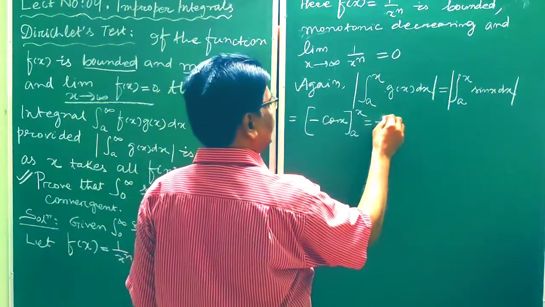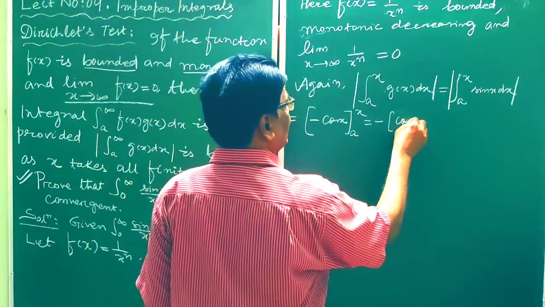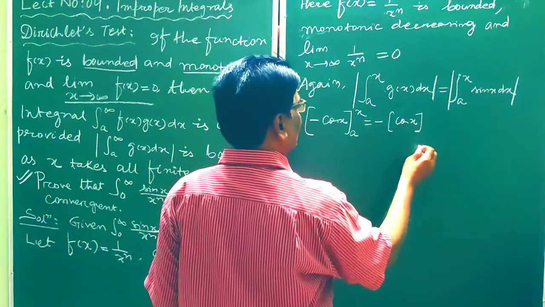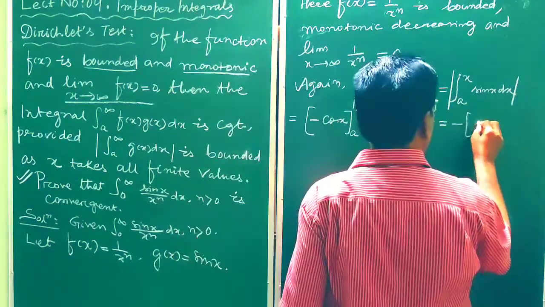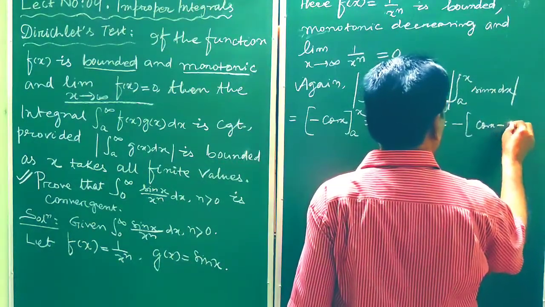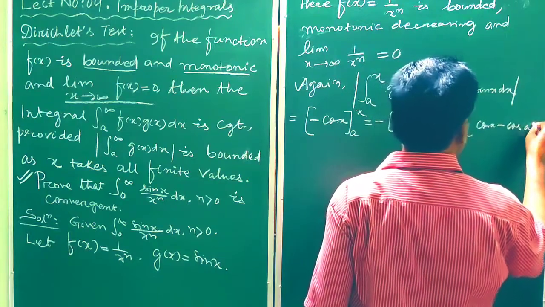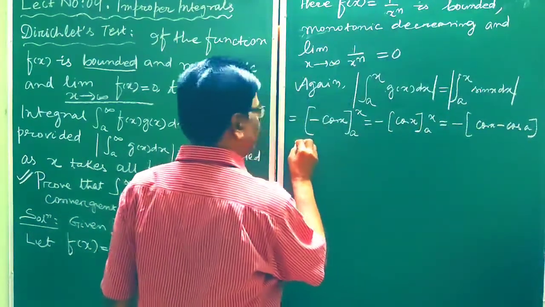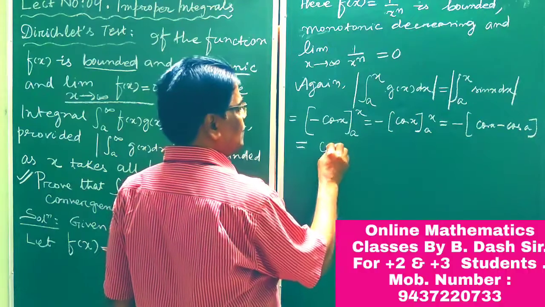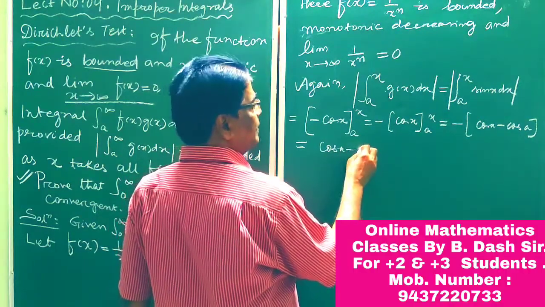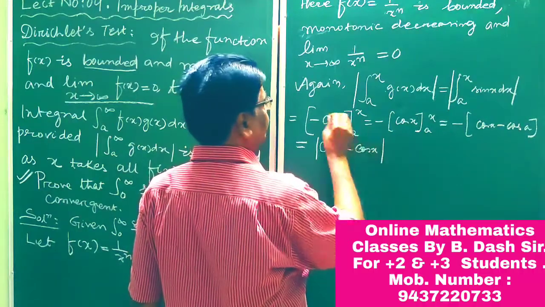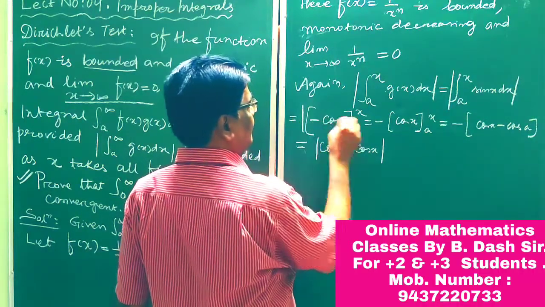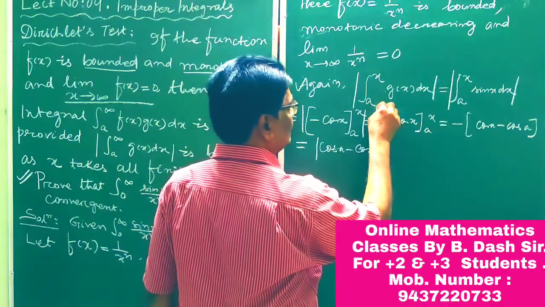This is minus cos x from a to x, which is minus cos x minus cos a, equal to cos a minus cos x, absolute value.